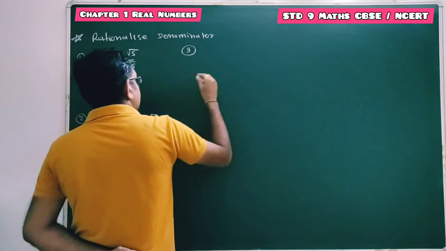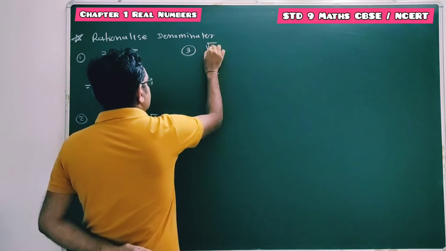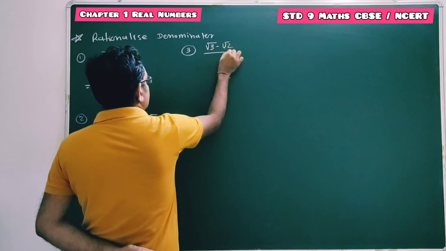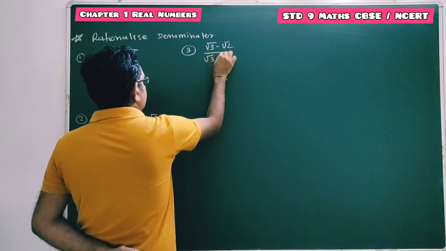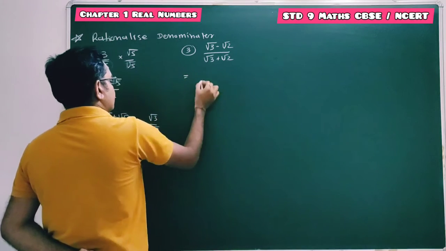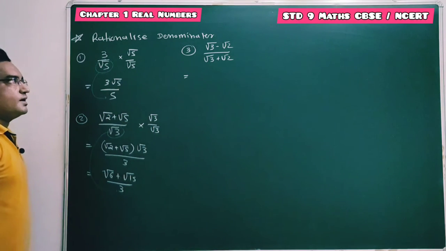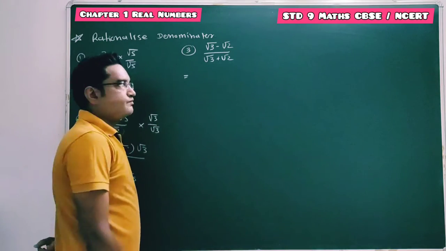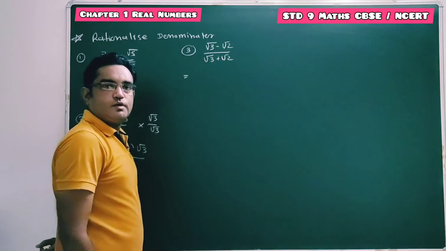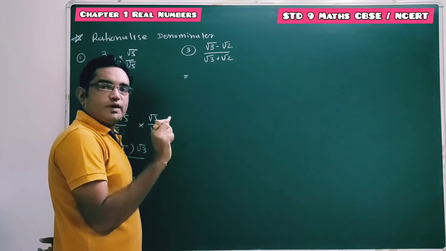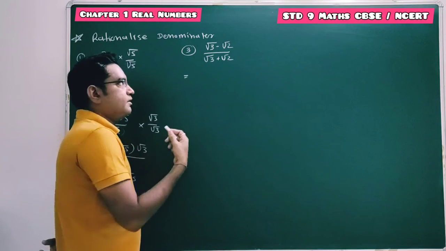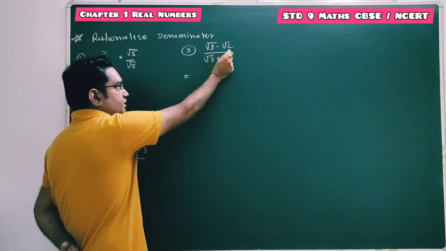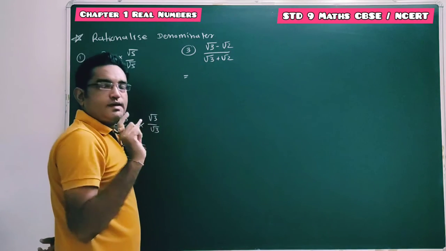Next, question number 3. Here we are given root 3 minus root 2 upon root 3 plus root 2. Perform rationalization of denominator. Root 3 is an irrational number, root 2 is also an irrational number. The addition of two irrational numbers here is irrational, hence the entire denominator is an irrational number.